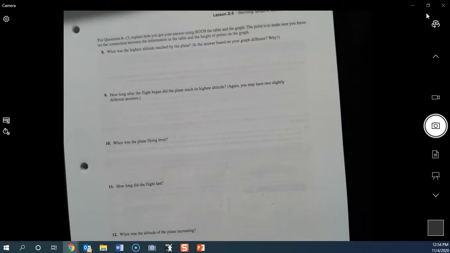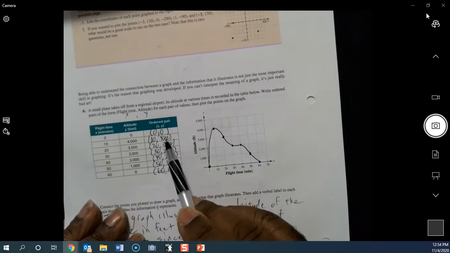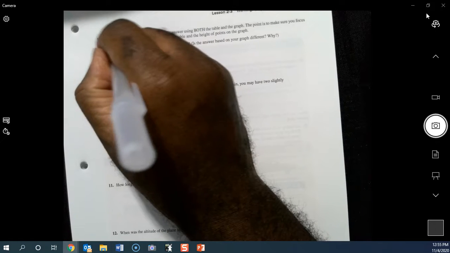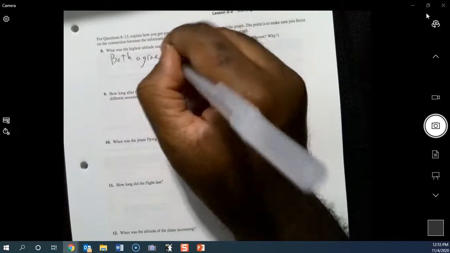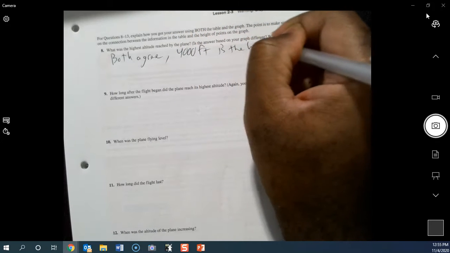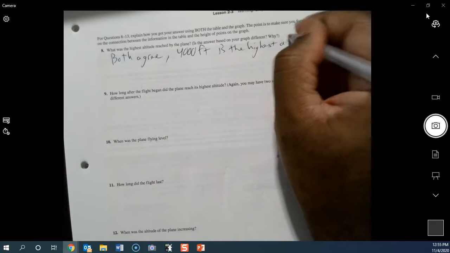The highest Y value, either looking at the table, you see the Y value is 4,000, or looking at the graph, this is the highest point. So it'll be that both agree, the table and the graph, 4,000 feet is the highest altitude.